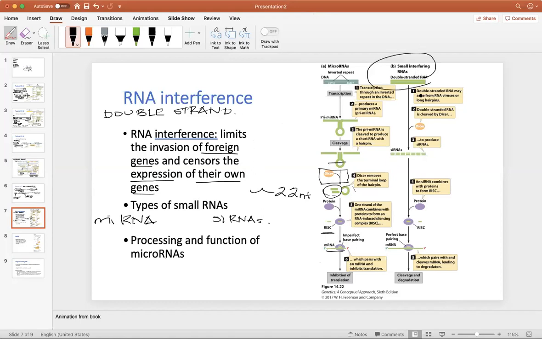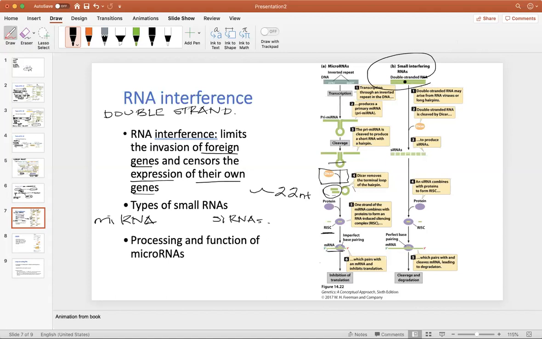Right here. Okay, so small interfering RNAs are similar to microRNAs. MicroRNAs actually have their own little genes, and they're being transcribed. These arise from multiple different mechanisms. Many small interfering RNAs are produced from a single RNA duplex usually.